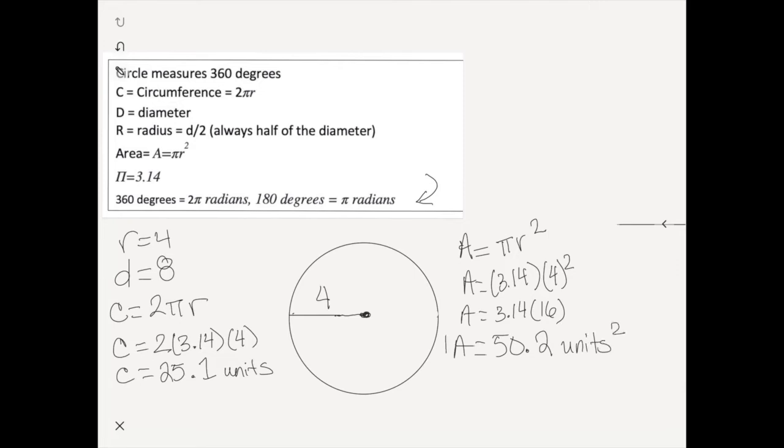So area is a two-dimensional thing, so you have to write units squared. So we just found our circumference, our diameter, radius, and area. So everything's solved for here.